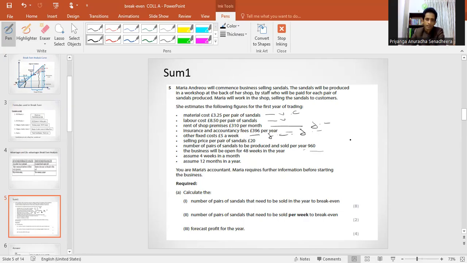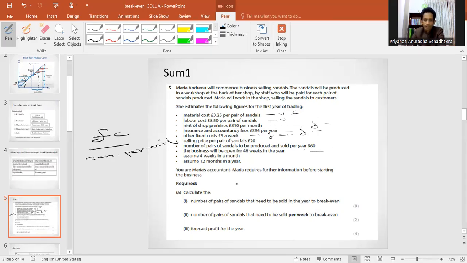The first thing you must know is the formula. When they ask you to calculate the break even output, the formula is fixed cost over contribution per unit. We already discussed this.